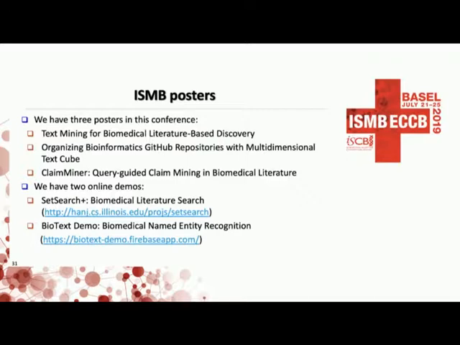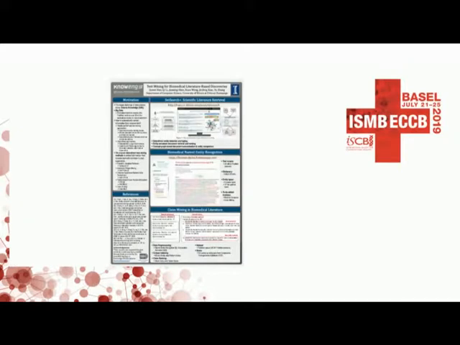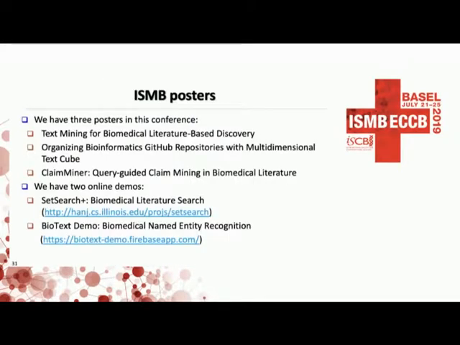Okay. The posters, one is on text mining for biological discovery. The other one is on GitHub. For the GitHub, I'll just give you a simple introduction: we organized the biomedical GitHub in a multi-dimensional cube structure.